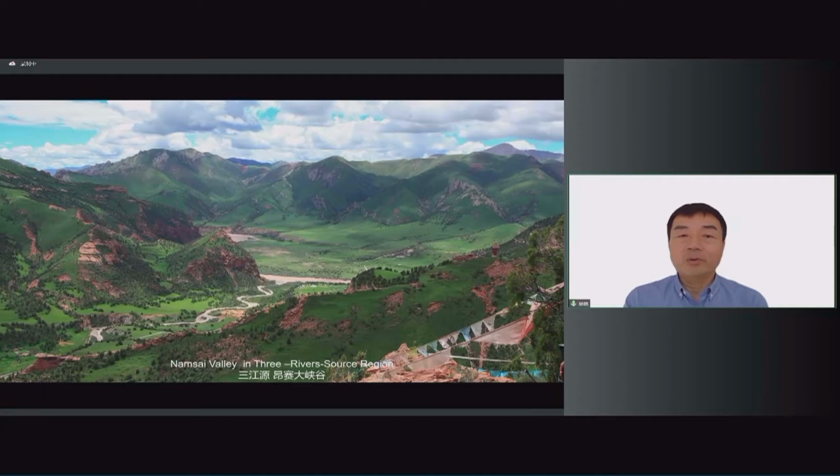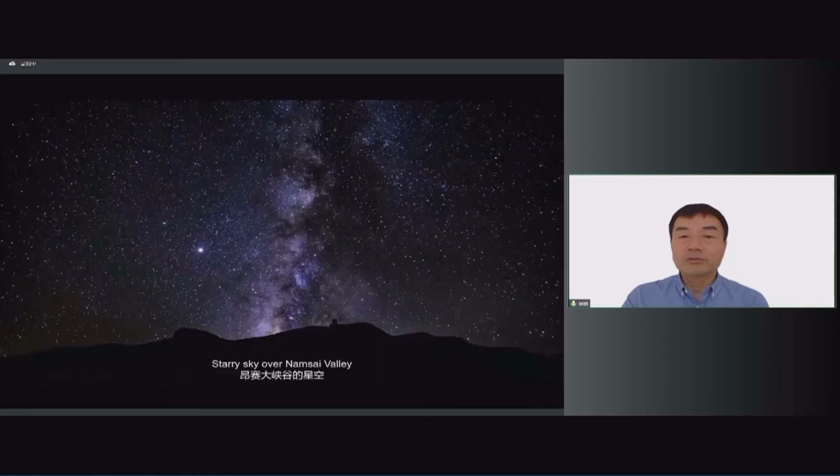We were invited to develop some master plans for the Yellow River source area. And also we were invited to develop an interpretation plan for the whole national park. Not only in the daytime, but also you could experience the wonderful nighttime. You could experience the starry sky over the valley.